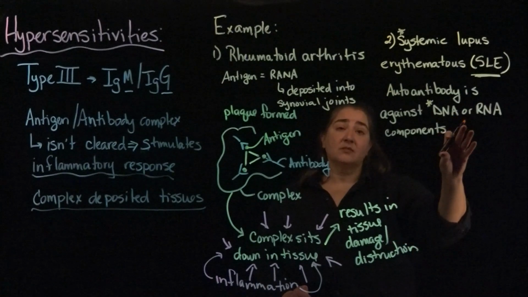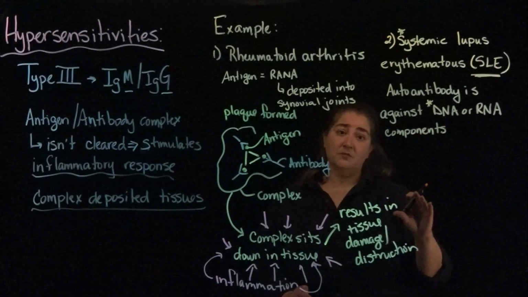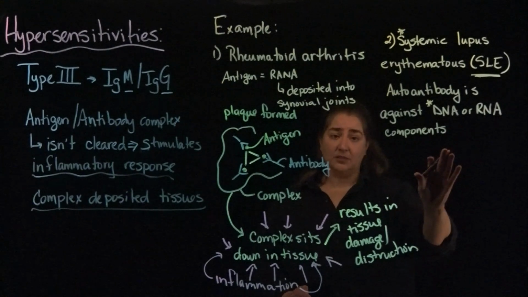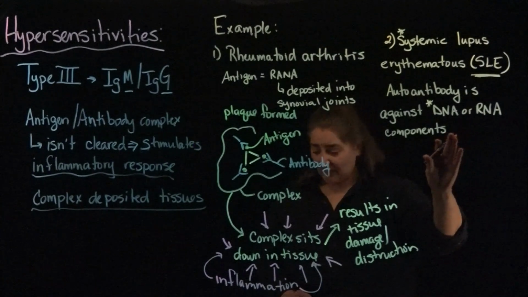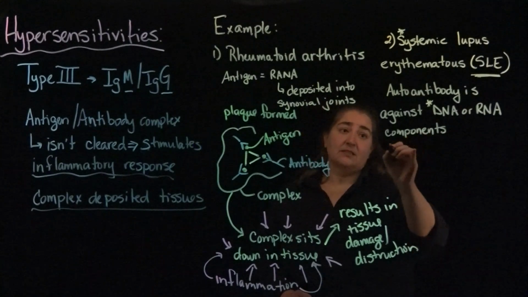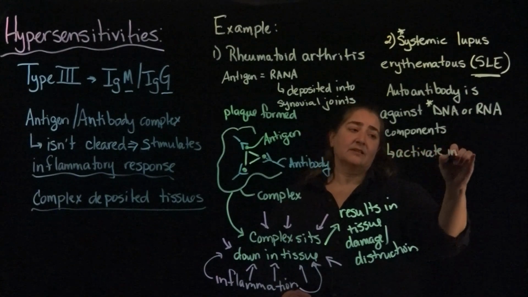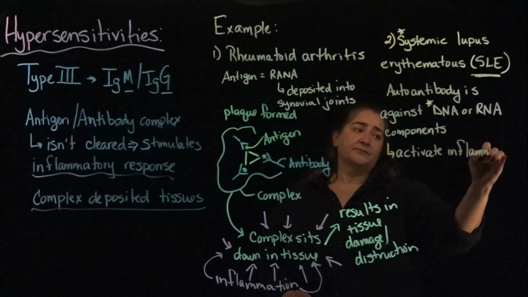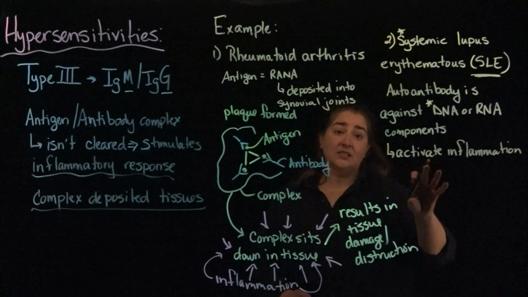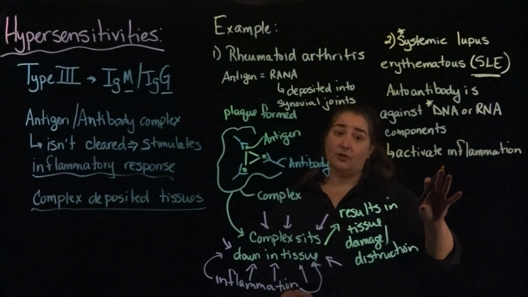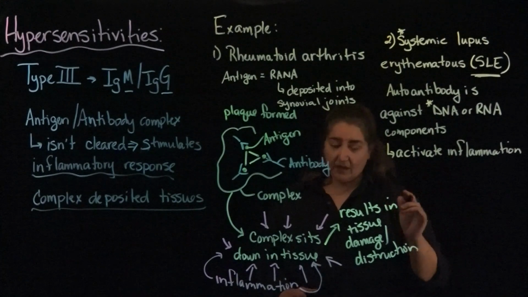So systemic lupus tends to have a myriad of symptoms associated with it that are listed in your textbook. You still want to go over those symptoms for the exam, but those autoantibodies essentially activate, again, inflammation. And you end up getting tissues that are destroyed due to the chronic inflammation associated with systemic lupus.